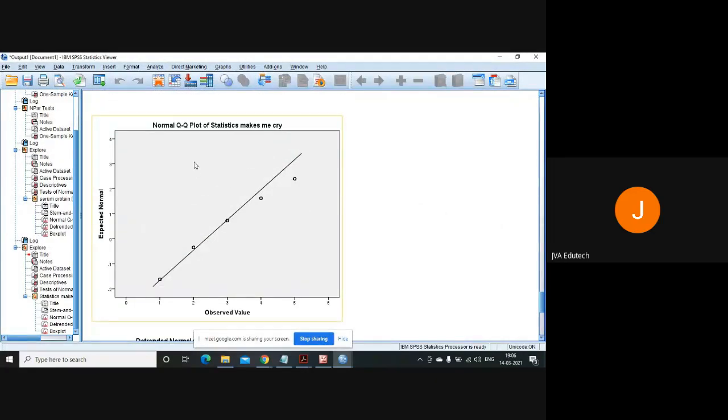In this case, these two data points are very far from this diagonal line. So if they are far from this diagonal line, it means test distribution is not normal. So you can check with the numerical method, and you can also check with the statistical method. You can cross validate your results through these.